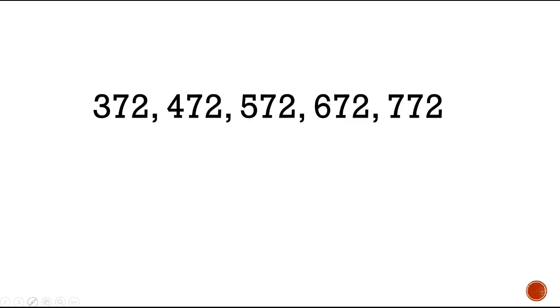So I have a line of numbers here, and I want you to look at them and figure out what you notice about them. So the first one is 372, 472, 572, 672, 772. What do you notice about these numbers?